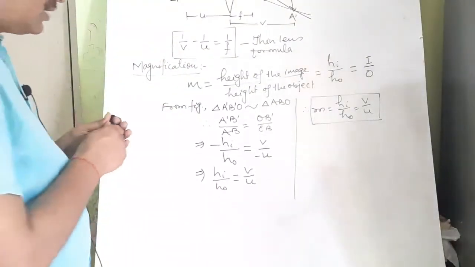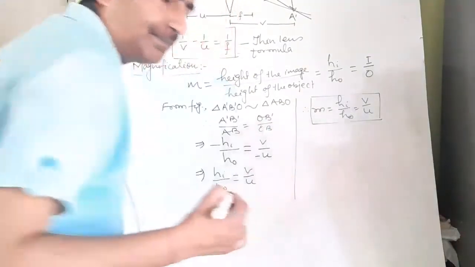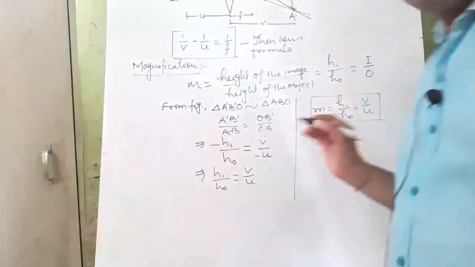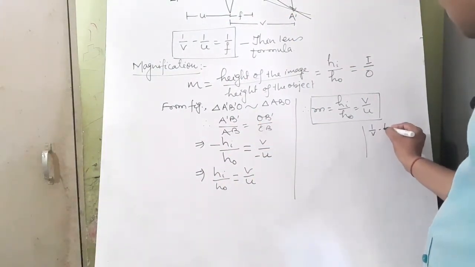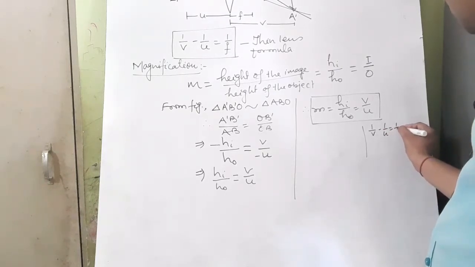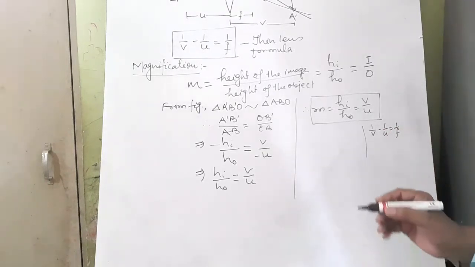v by u. You know 1 by v minus 1 by u is equal to 1 by f in case of lens.